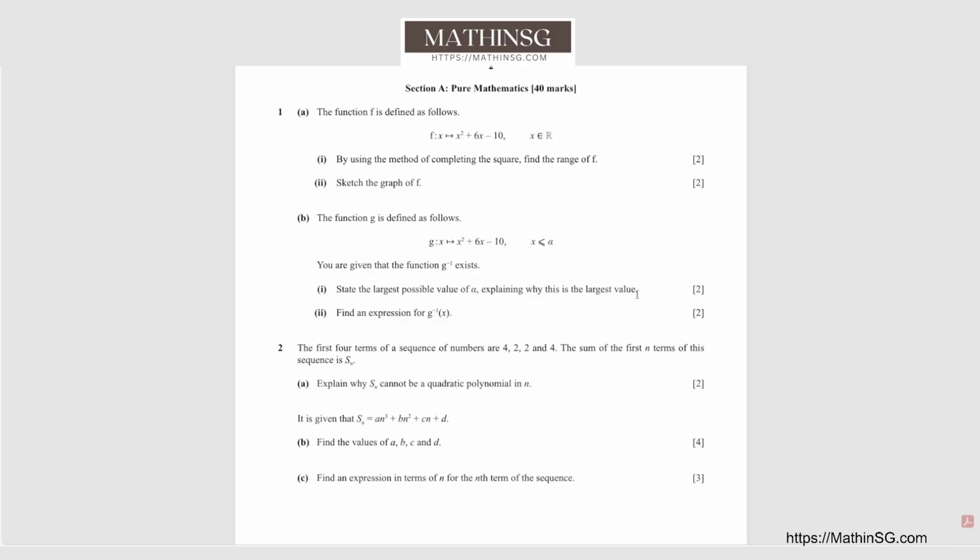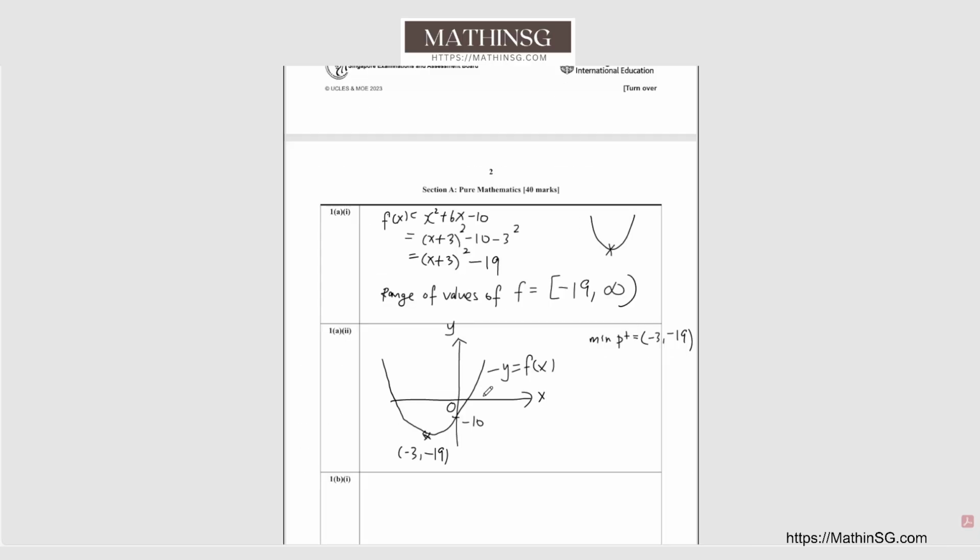In order for the inverse of a function to exist, the function must be a 1-1 function. So the largest value that alpha can take must be minus 3, because from minus 3 all the way to negative infinity, or from negative infinity all the way until negative 3, you have a 1-1 function.